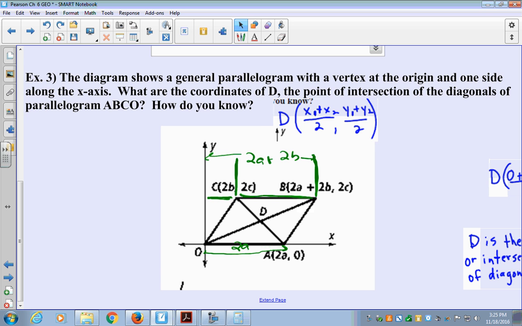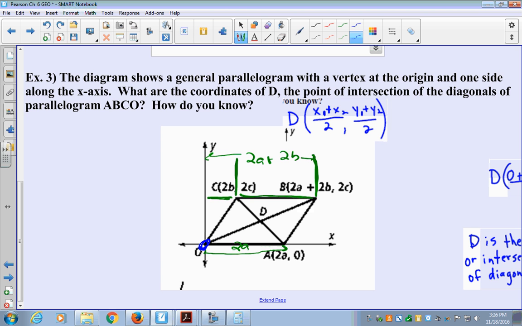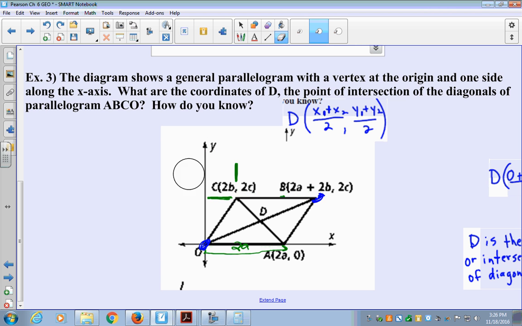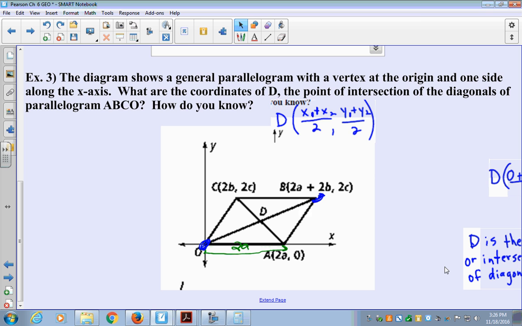So if I was to do the midpoint formula, we got x2, so that's the distance between here and here. So we have x1 plus x2 divided by 2 and y1 plus y2 divided by 2. So 0, 0 is going to be our x1 and y1.